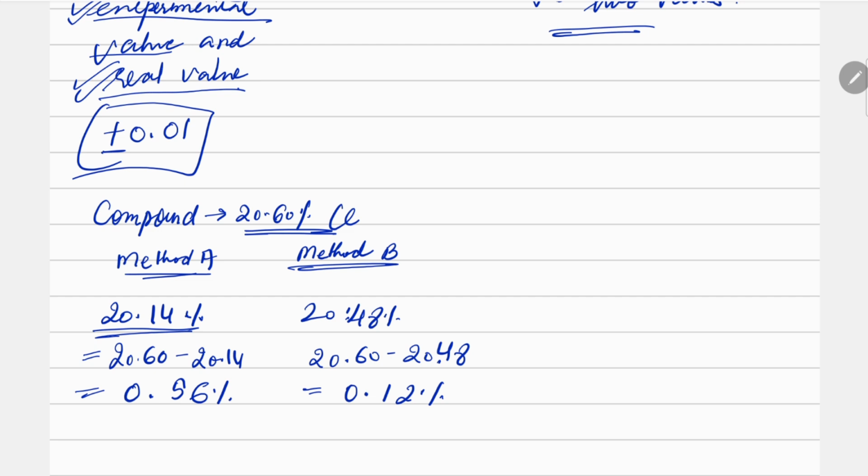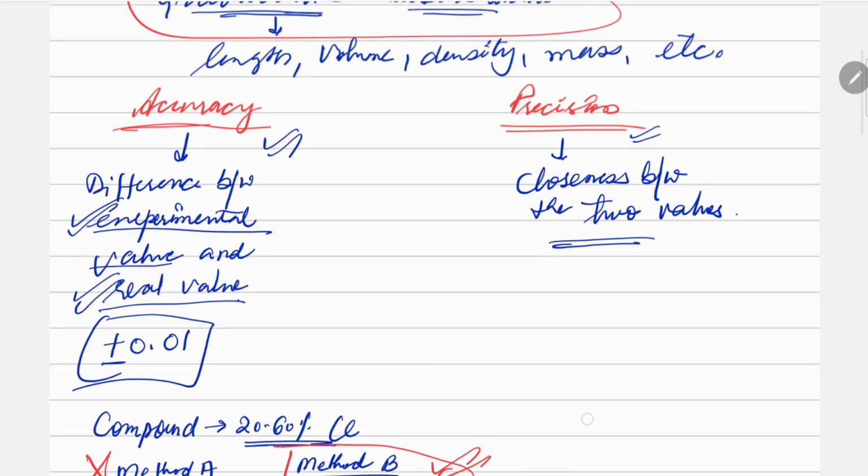So which one is the accurate method? The accurate method is the one that gives us a value closest to the real value. We are getting an almost correct real value from method B, so this is the accurate method. This one is not an accurate method. That is accuracy.